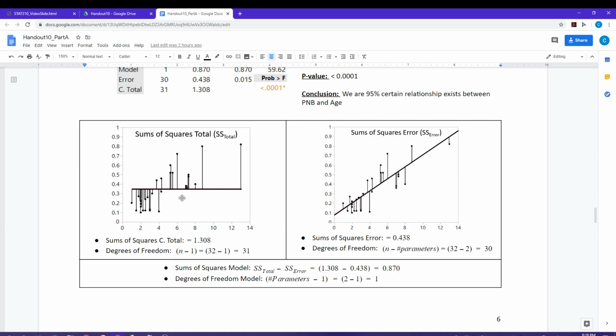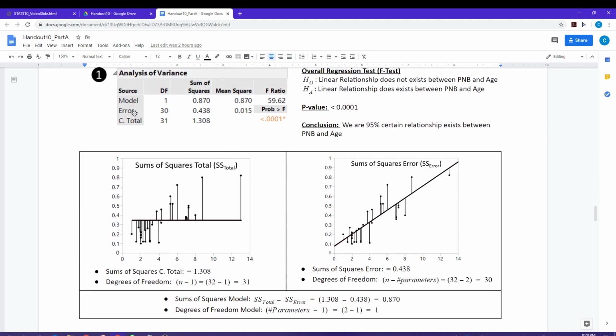I would square those and add all those up, and that would be the sums of squares C total, or corrected total. What the corrected stands for there is just that I'm using the average of all of the data. The degrees of freedom associated with that quantity is going to be just the number of observations minus 1. The reason it's minus 1 is because I'm only estimating one thing here, the average.